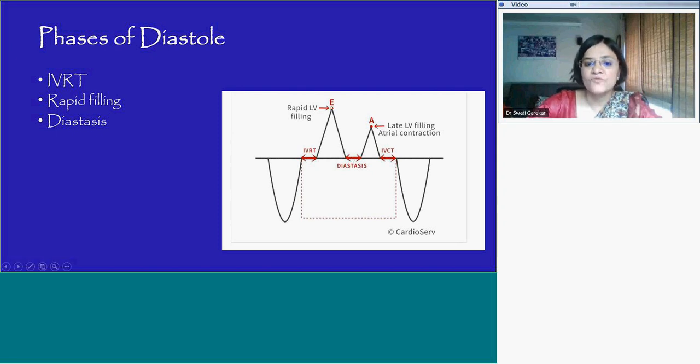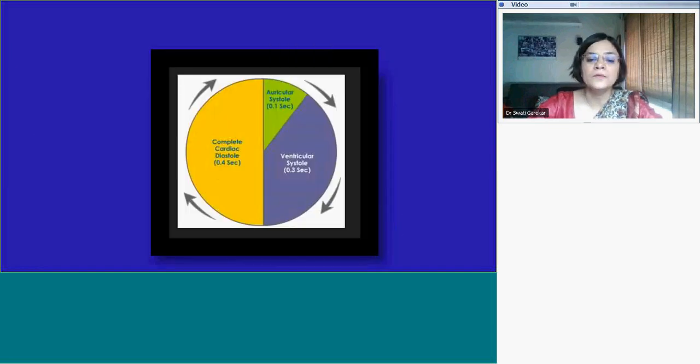The velocity of flow across the mitral valve in rapid ventricular filling is high, but in diastasis that velocity is very, very low, close to 0, less than 20 centimeters per second. And then in the last phase of ventricular diastole, there is atrial systole, when the velocity goes up again in the mitral flow.